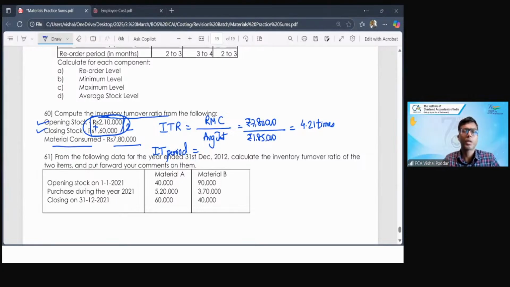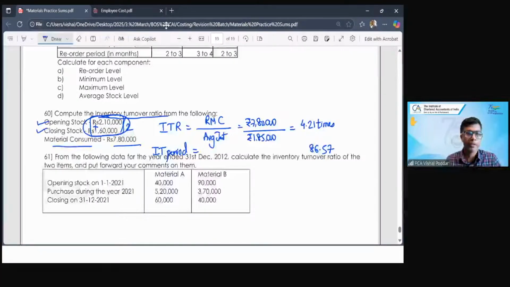Acha, I understood why. Because your turnover ratio is in a fraction, it depends upon what fraction you have taken. So the answer for this is 86.57 days. How is inventory turnover period found out? It is 365 days divided by inventory turnover ratio.